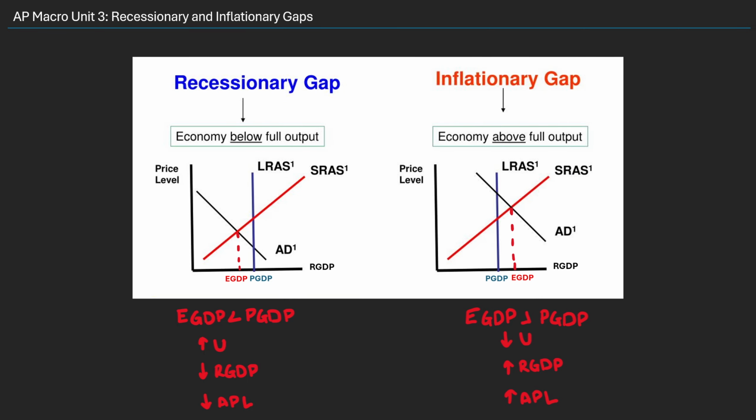An inflationary gap is when the economy is above full output. So your equilibrium GDP or your actual GDP is higher than your potential GDP. This means that unemployment is lower, output is higher, and aggregate price level is also higher.